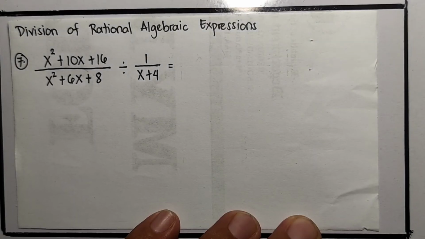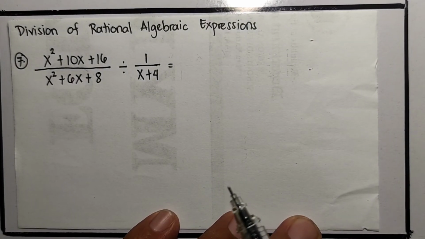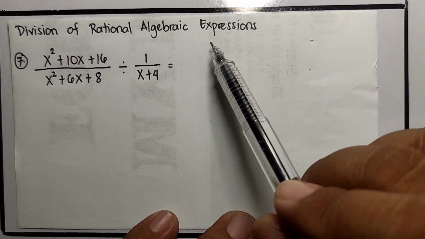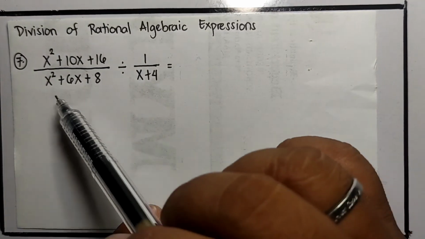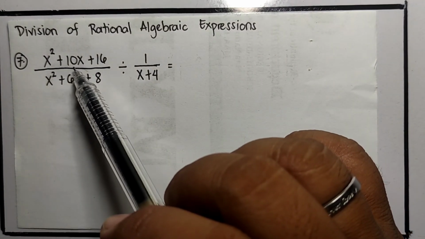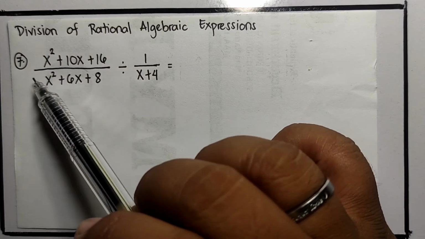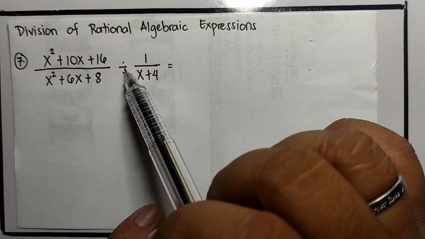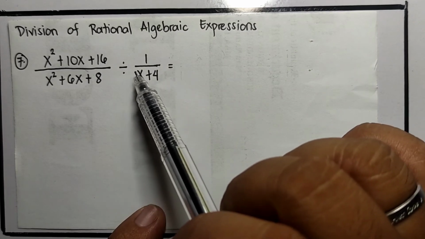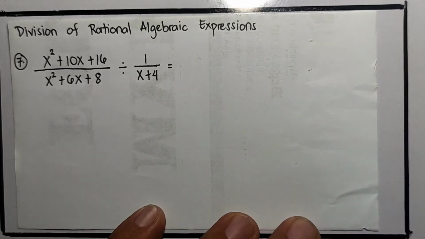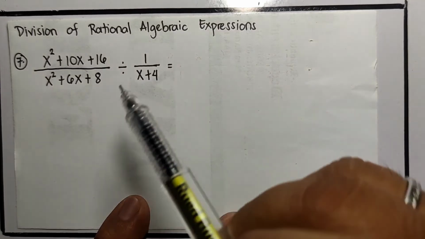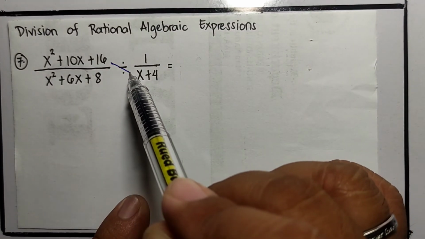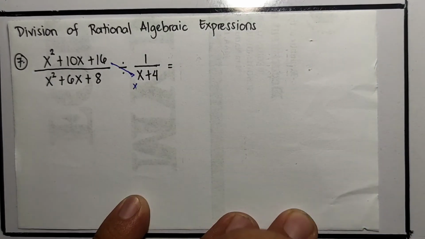Let's have here our seventh example on the division of rational algebraic expressions. x squared plus 10x plus 16 all over x squared plus 6x plus 8 divided by 1 over x plus 4. Our rule is cross multiply.